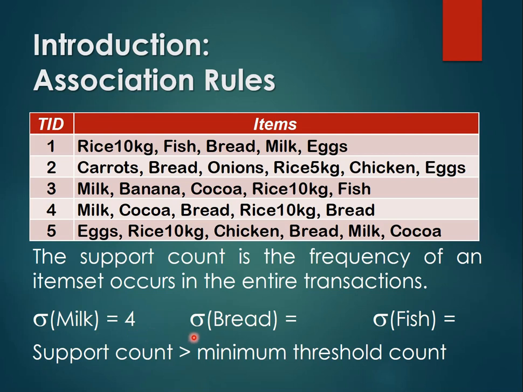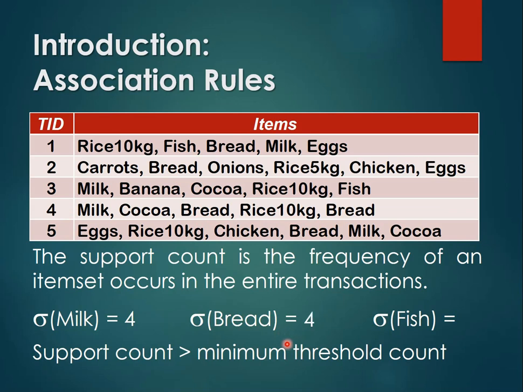How about the support count for bread? One, 2, 3, 4. Notice in transaction ID number 4, there are 2 bread items. So is it going to be 4 or 5 for the support count for bread?